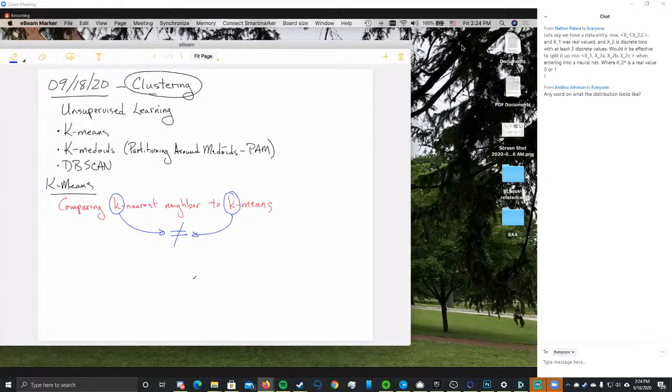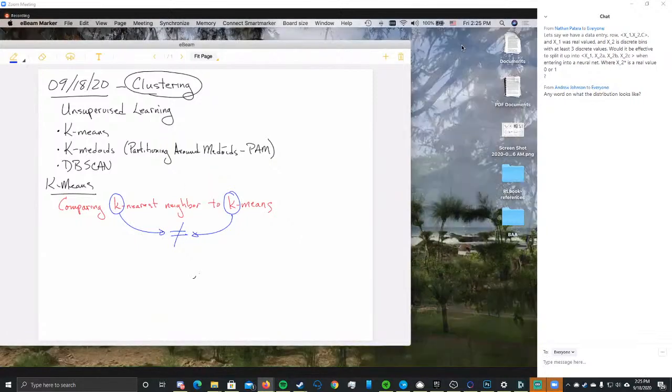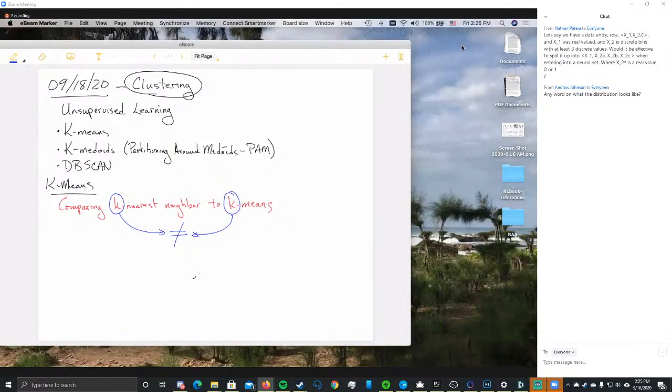So this is another unfortunate overloading that has happened in the field as these algorithms were developed, where in the k nearest neighbor algorithm, k is the number of neighbors that you are collecting to do classification, where in k-means, k is the number of clusters. Two entirely different things.